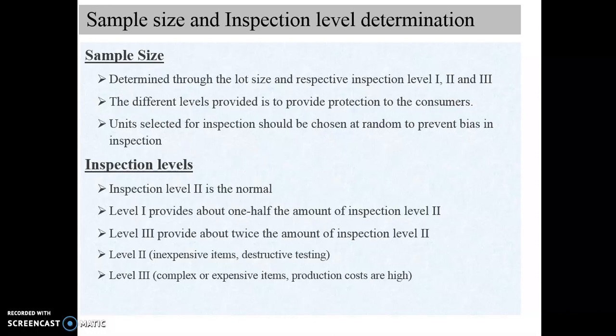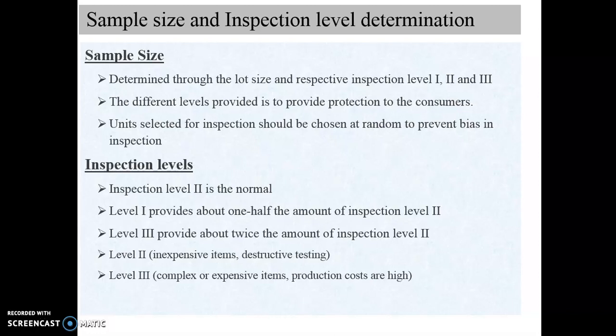The sample size is based on the inspection level, and the factors decided before this. What are the factors? First one, simplicity, cost, and so on. Another criterion is inspection level determination.